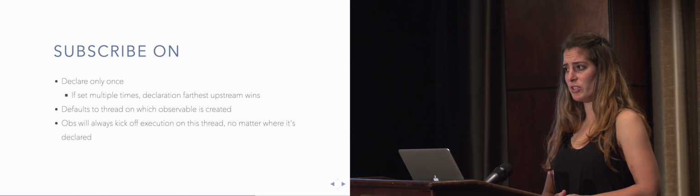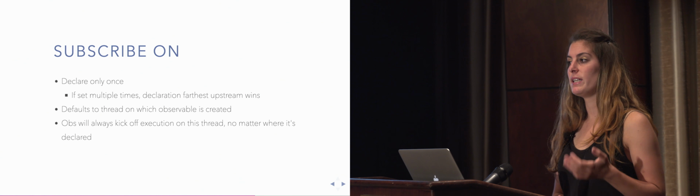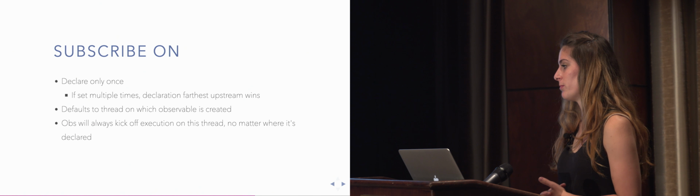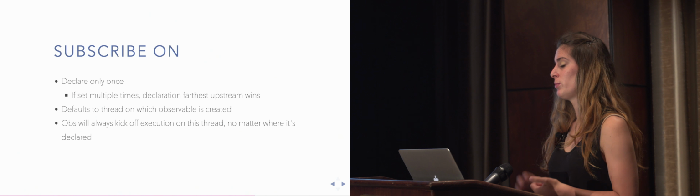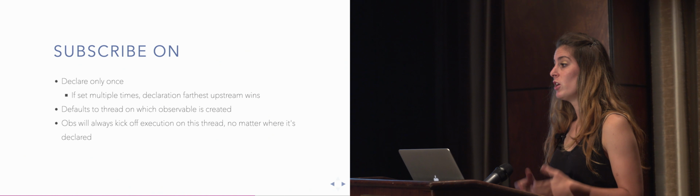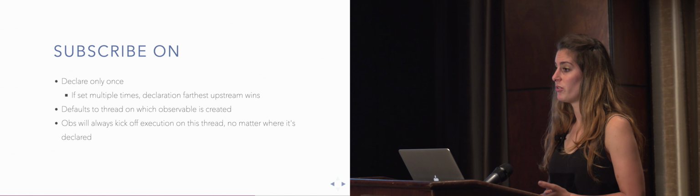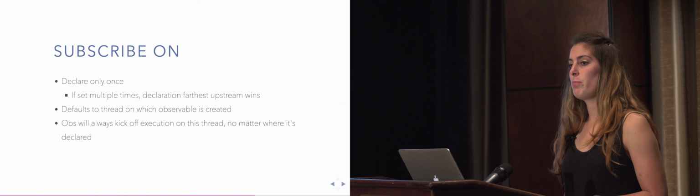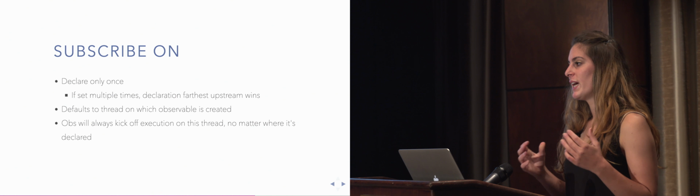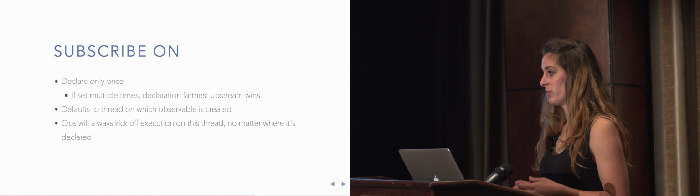It also defaults to the thread where you create the observable if you do not explicitly say where it should subscribe on. Oftentimes this is the main thread, but if you create an observable on a computation thread of some sort, you should probably put a subscribeOn to make sure it's actually running where you want, because it will default to the computation thread as the place where it runs. And then the key point about subscribeOn is that that first block of code is always going to be executed on your subscribeOn.